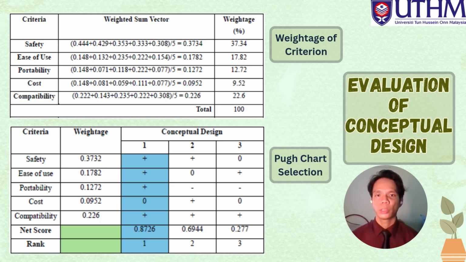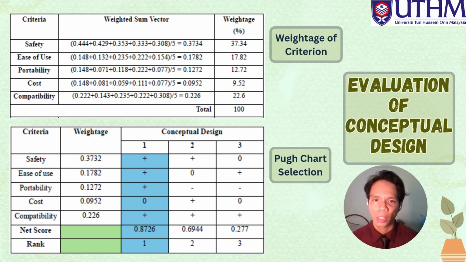The first criteria has a weightage of 37.34, which is the biggest one. The second biggest is the compatibility, which has the score of 22.6. Then followed by the ease of use, which is 17.82, and then portability 12.72, and lastly the cost, which has the least score of 9.52.